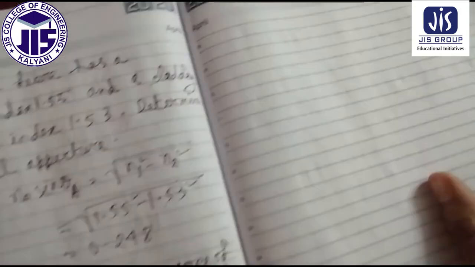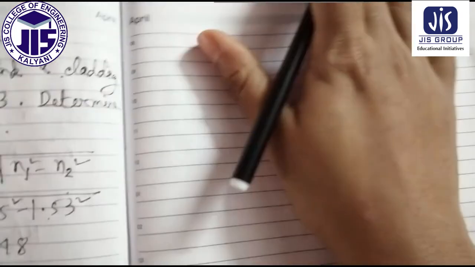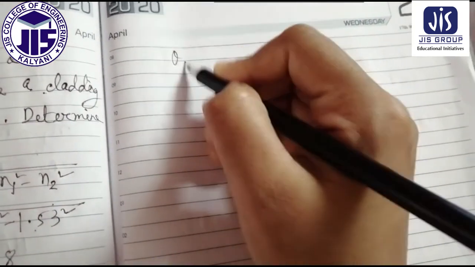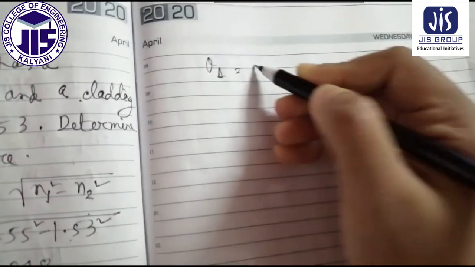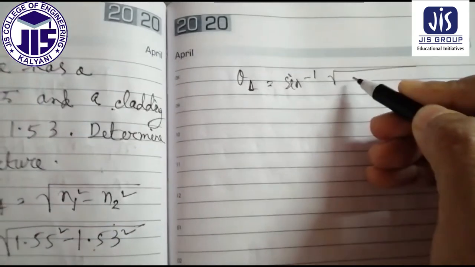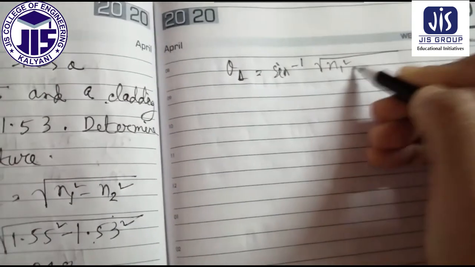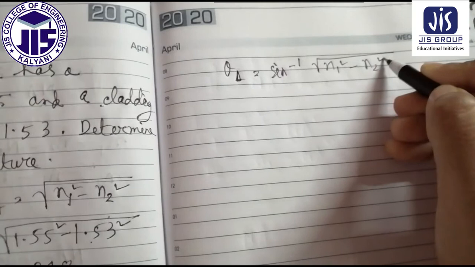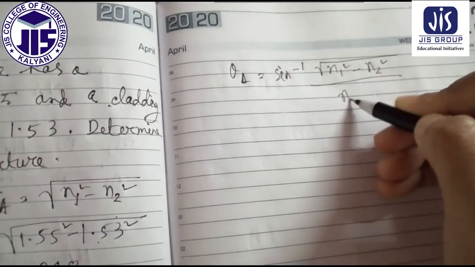Now theta a equal to sine inverse root over of n1 square minus n2 square divided by n0.